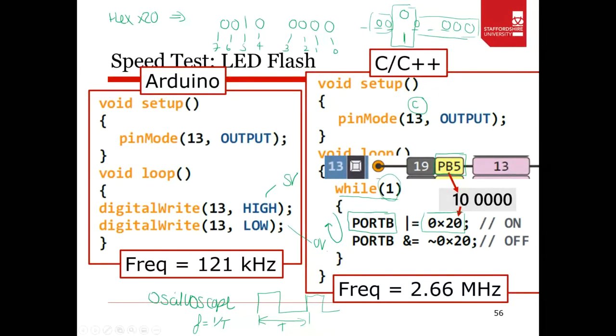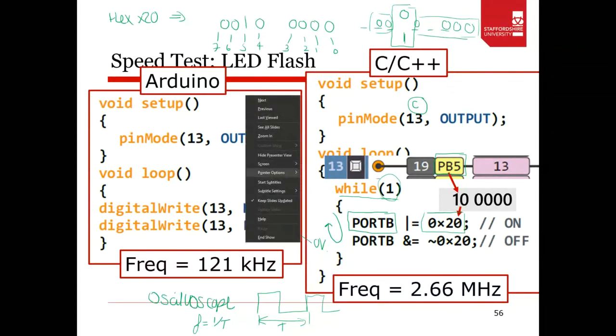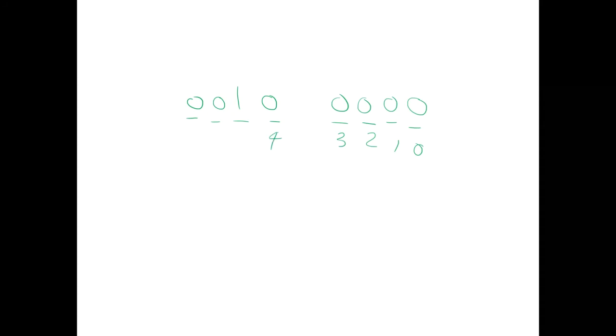I'm going to maybe do a new slide. So if we have 0, 0, 1, 0, and we OR this with whatever's in here, let's just say 1, 0, 0, 1, 0, 1, 1, 1.